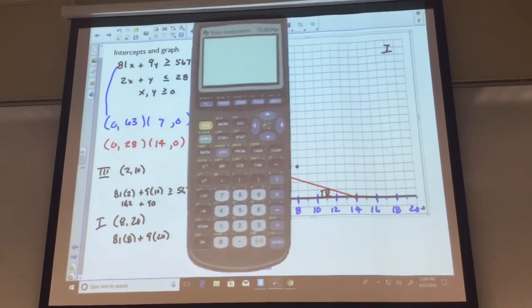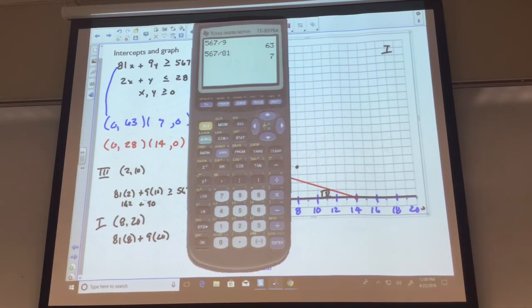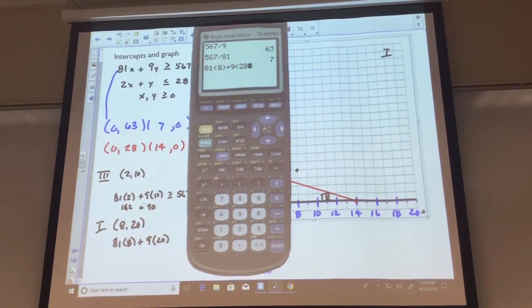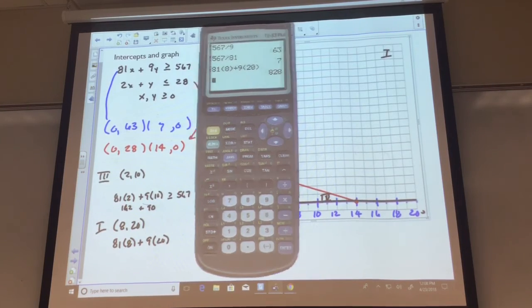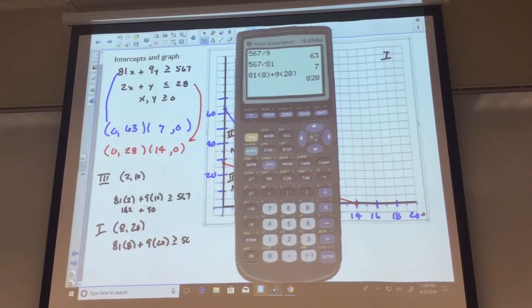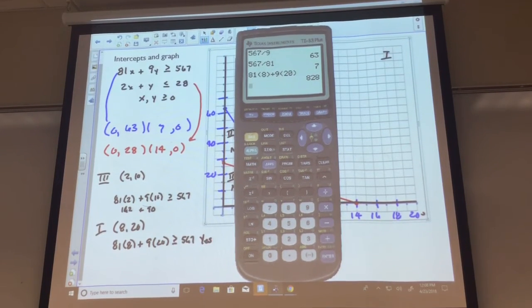And thank God I have a calculator that will do that work for me. 81 times 8. 9 times 20. And that should give me something that's greater than or equal to 567. So we got a yes to this.